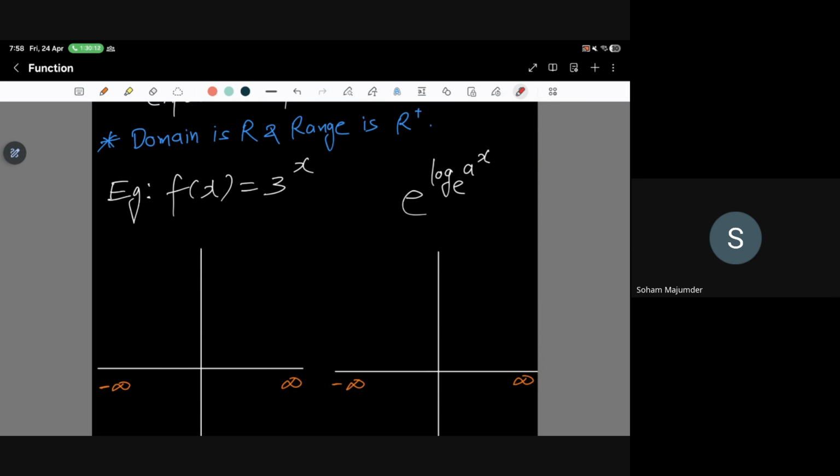It's almost 0, right? So when x is minus infinity, y will be 0. It won't touch the x-axis, but it will be very near to the x-axis. Now what happens if you start increasing the value of x? Will the overall value increase or decrease? Just the basic example, 3 to the power 4, 3 to the power 7.